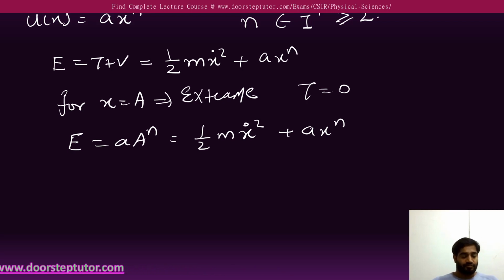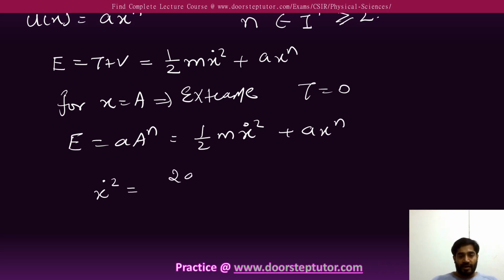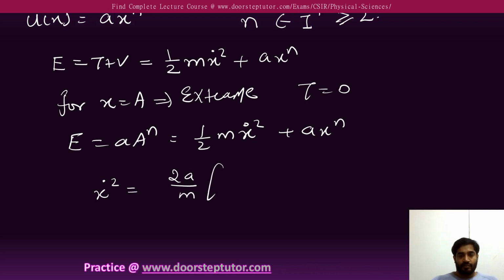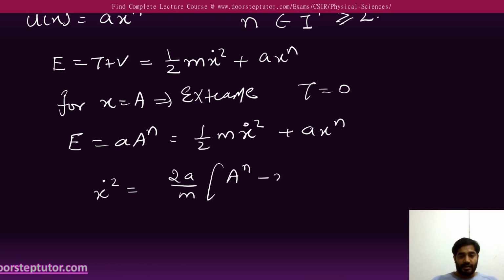That's why. Now can I find x dot from here? So x dot squared equals, very simply, 2a by m times (e to the power n minus x to the power n). This is what we got.